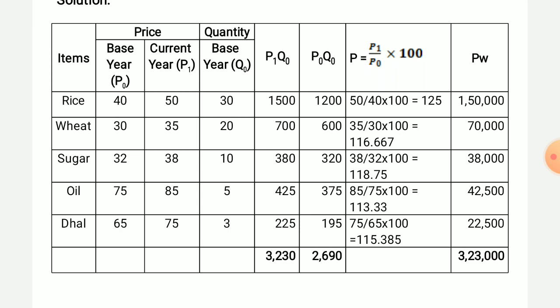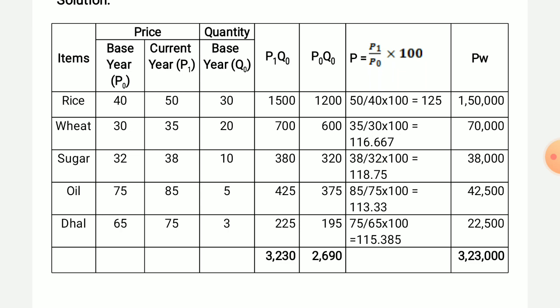Now, sigma PW is equal to 3,23,000. Sigma P0Q0 is 2,690, and sigma P1Q0 is equal to 3,230.